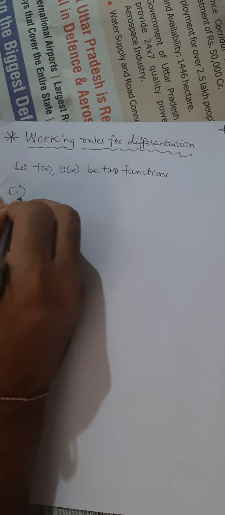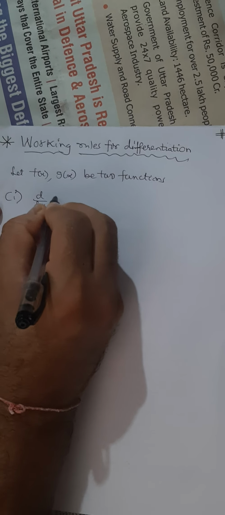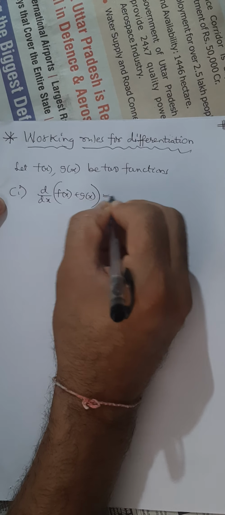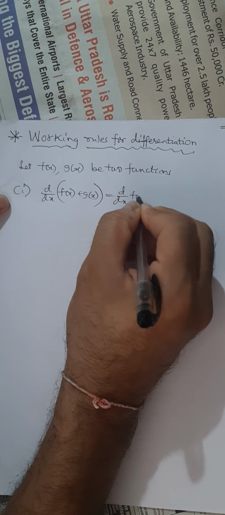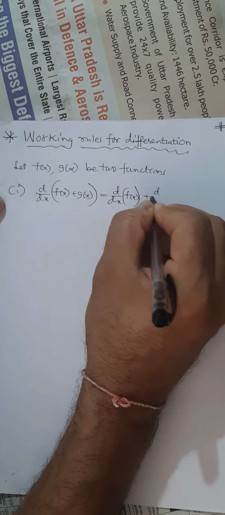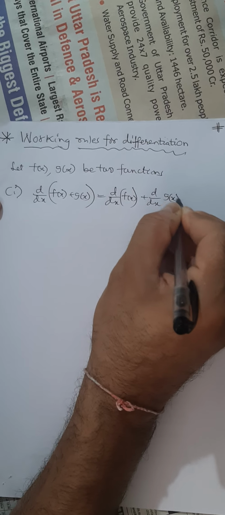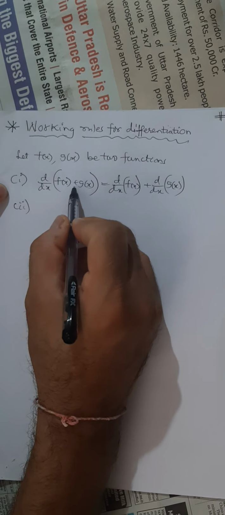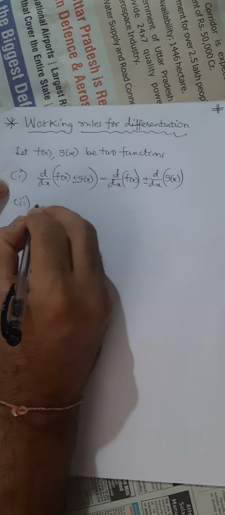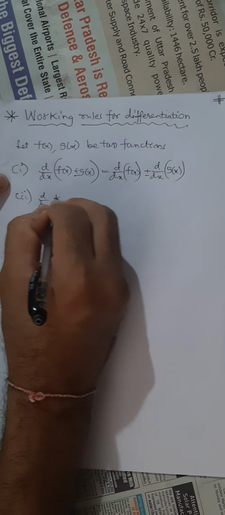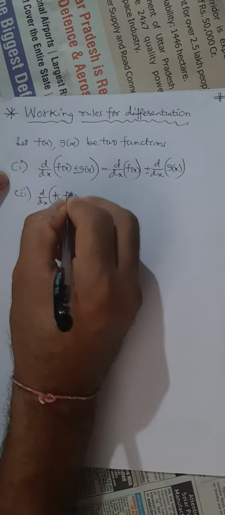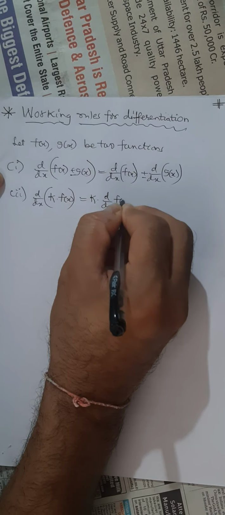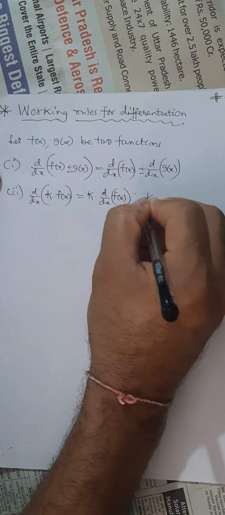The first one, that's the addition rule, d by dx of f(x) plus g(x) equals derivative of the first function plus derivative of the second function. Second rule, that's for subtraction, so you can write minus here. The next one, if you have constant k with the function, then constant will be outside and just differentiation of function, where k is some constant.